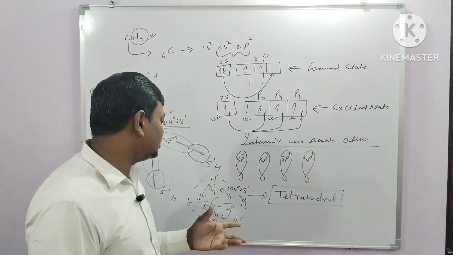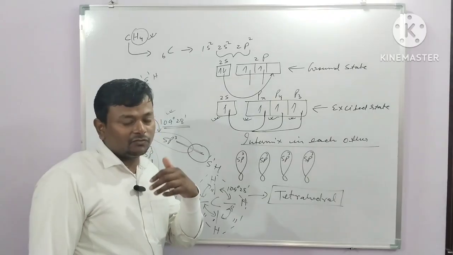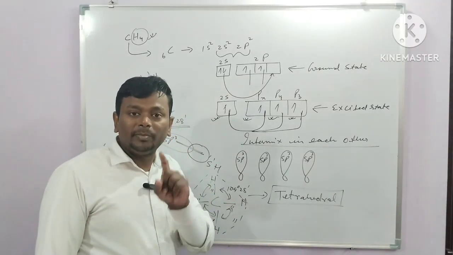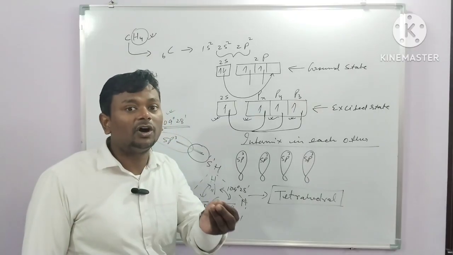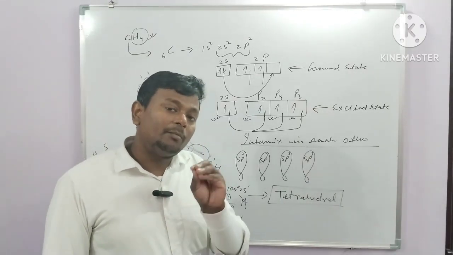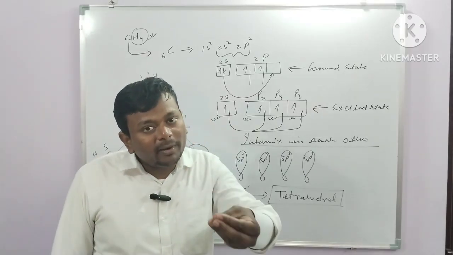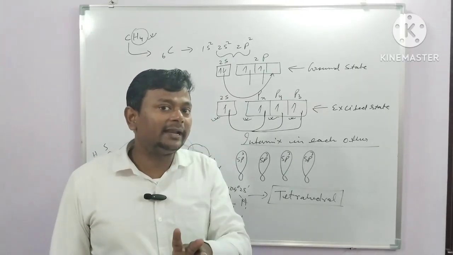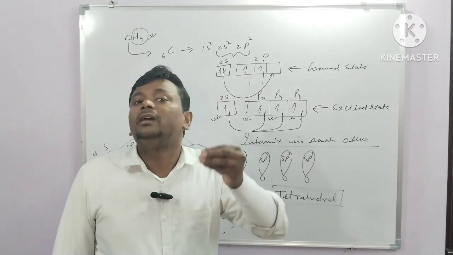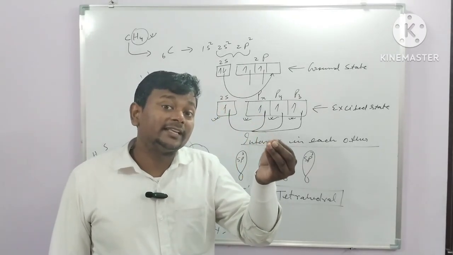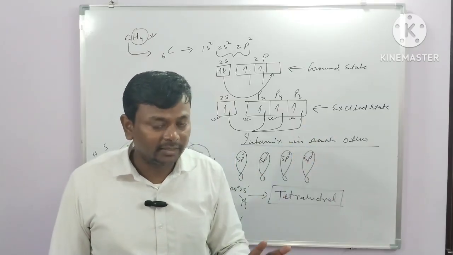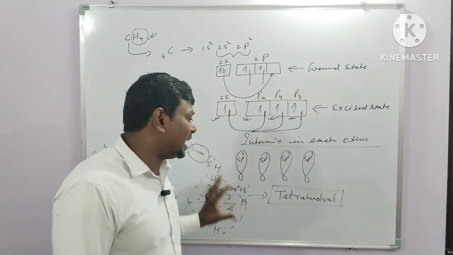If a molecule is formed by hybridization and does not have any lone pair, then its shape is also predicted by hybridization. But if a molecule is formed by hybridization and the central atom has a lone pair, then the shape is going to be predicted by VSEPR theory, valence shell electron pair repulsion theory, not by hybridization.